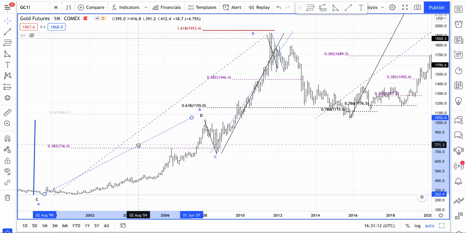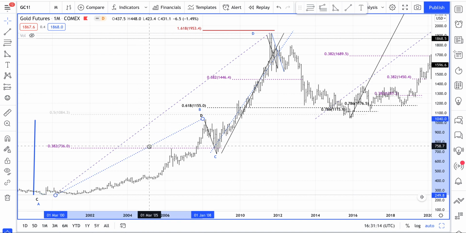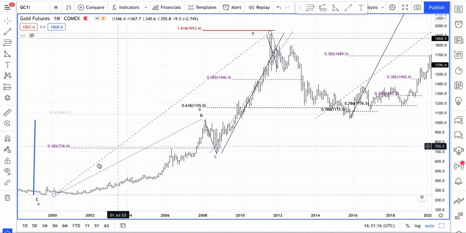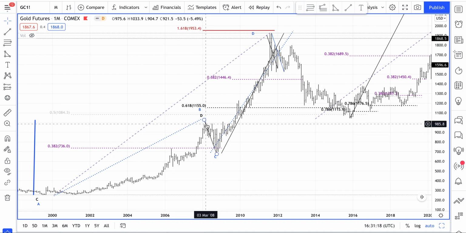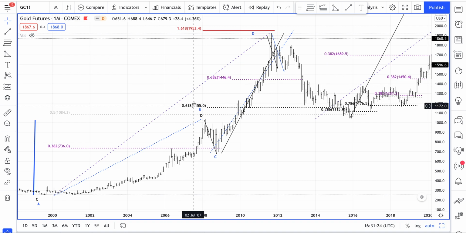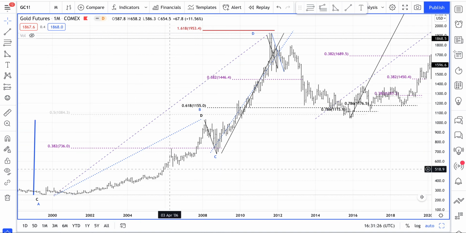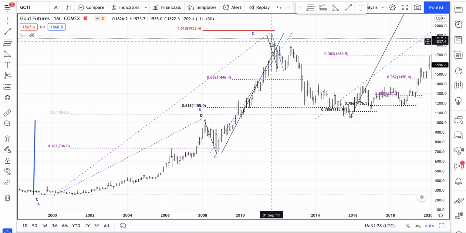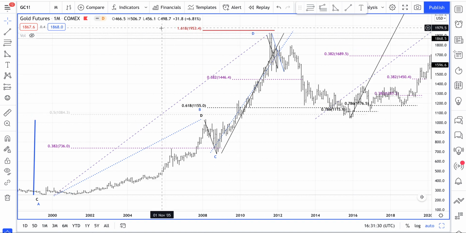What we find is that if we multiply this line segment by 1.618, which is a Fibonacci expansion level, it appears that this move actually extended to 1.618, and that level comes around 1953, and the high reached was about 1920.